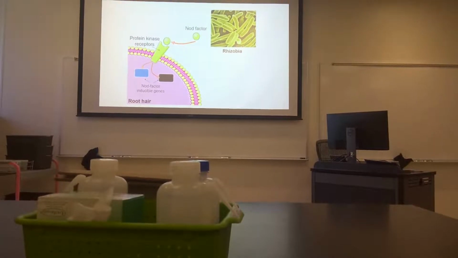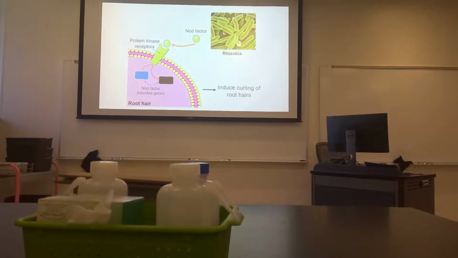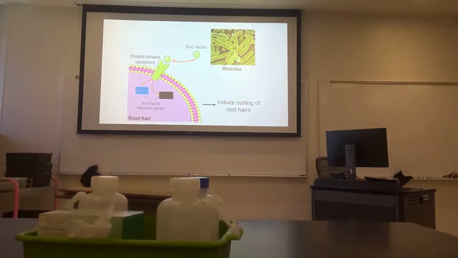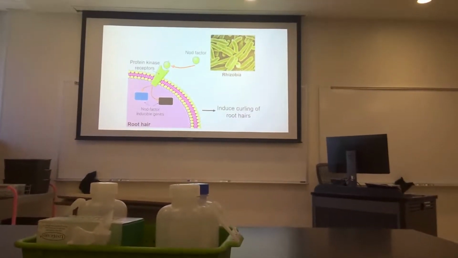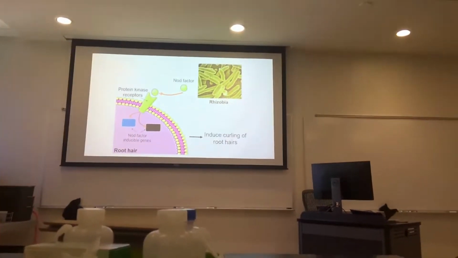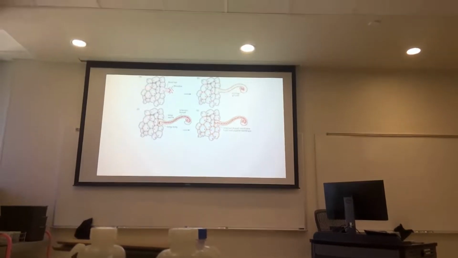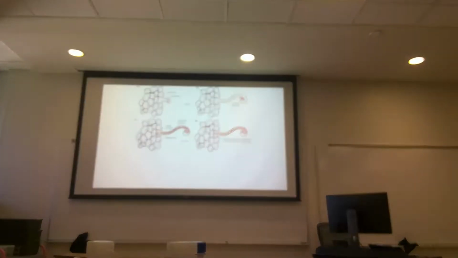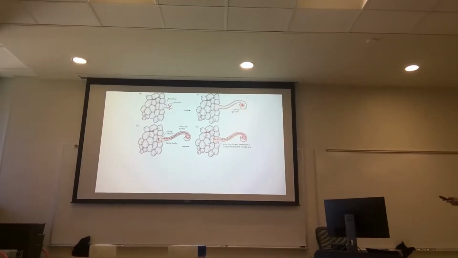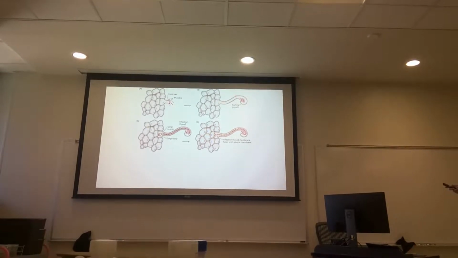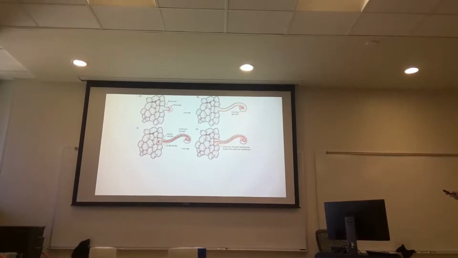So the bacteria have to go inside of the plant cells. So these nod factors will induce curling of root hairs. And that is what your book is summarizing.